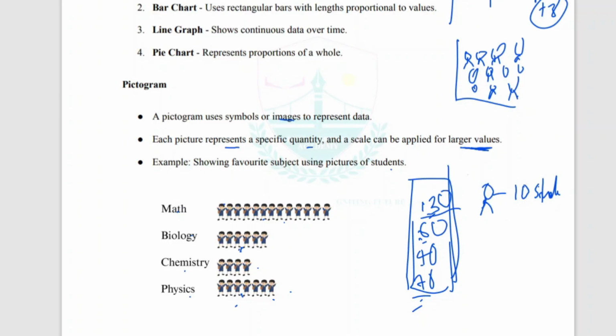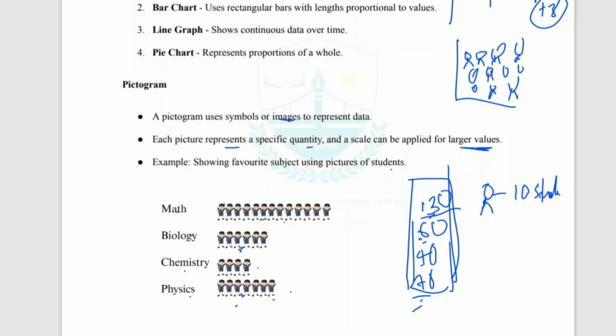If there are very many, it's better that you come up with a scale, and this scale should be indicated. So if I had this data as 130, 60, 40, or 70, I was going to use a scale, and I was also going to indicate it here.